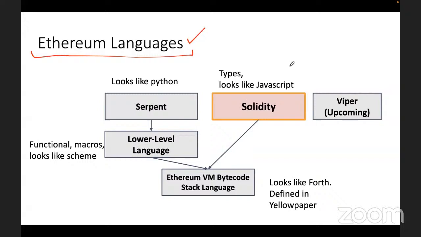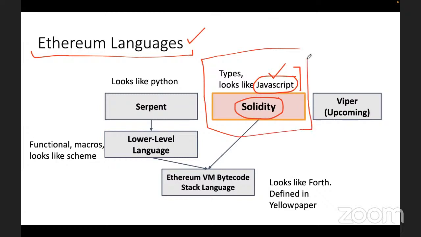Let's say, for example, you love JavaScript and you already have the basic knowledge of JavaScript, then for you Solidity is the most preferable language. From a global perspective, more developers are using Solidity as their first preference to write the smart contract.